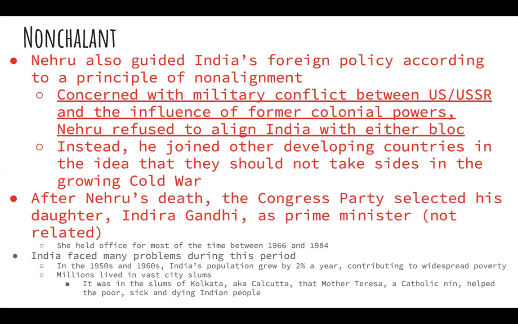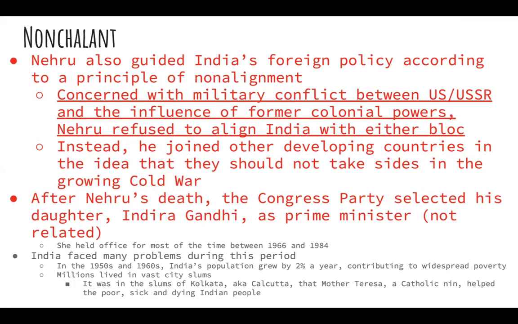Non alignment, it is going to be on your final, was concerned with the military conflict between the United States and Soviet Union and the influence of former colonial powers. Nehru refused to align India with either the Warsaw Pact or NATO. Instead, he joined other developing countries in the idea that they should not take sides in the growing Cold War.